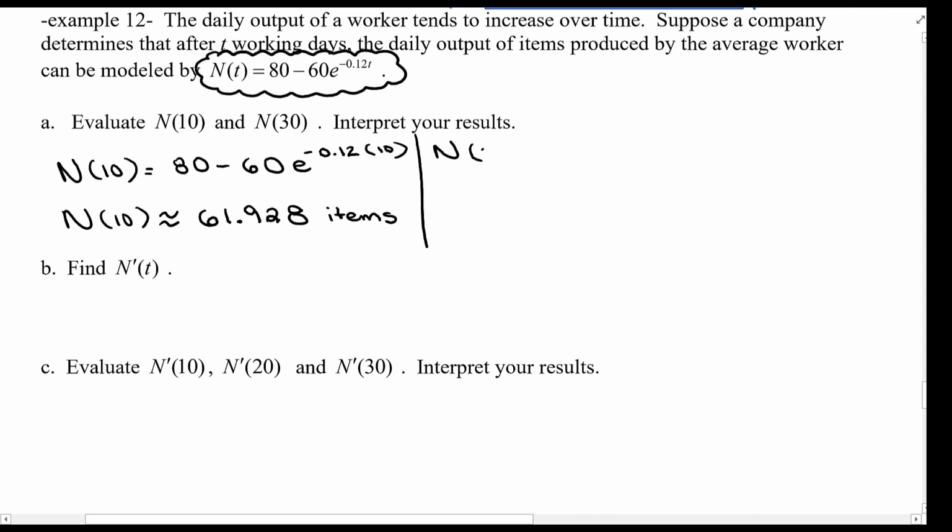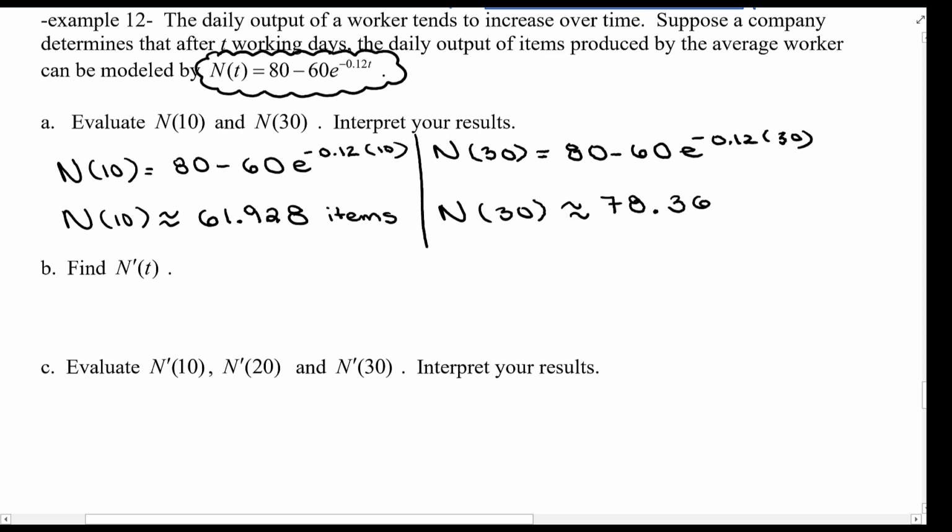So N of 30 is going to be equal to 80 minus 60e raised to the negative 1/200 times 30 power. So N of 30 is approximately equal to 78.361 items.